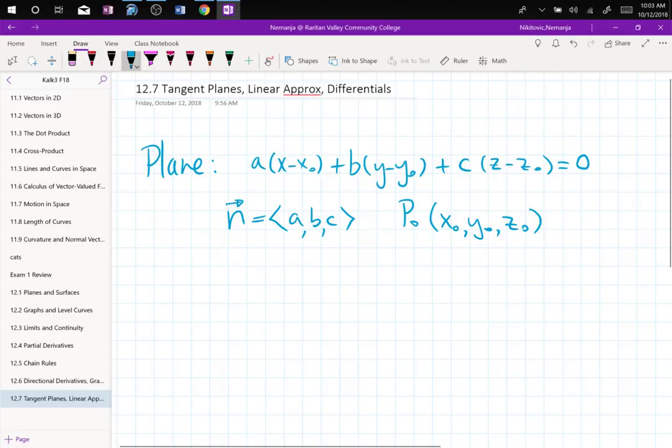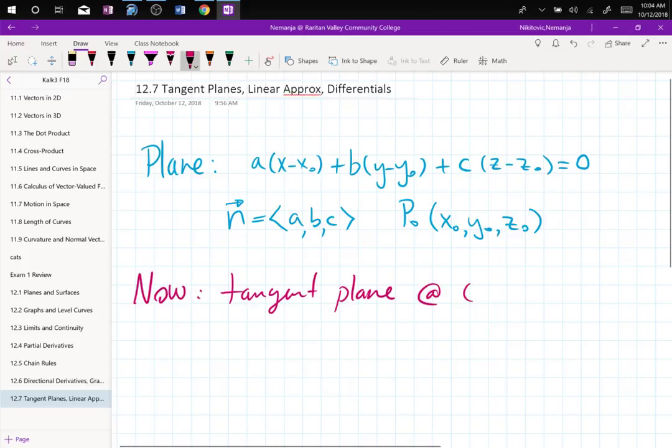Now we are looking at the tangent plane, and instead of A, B, and C, we are going to have derivatives in there.